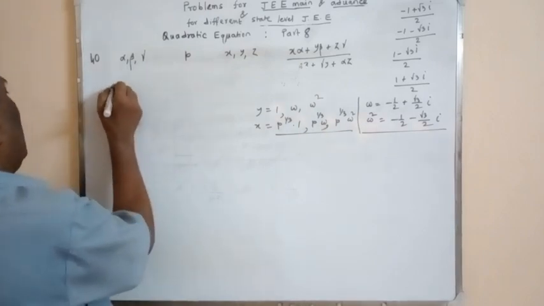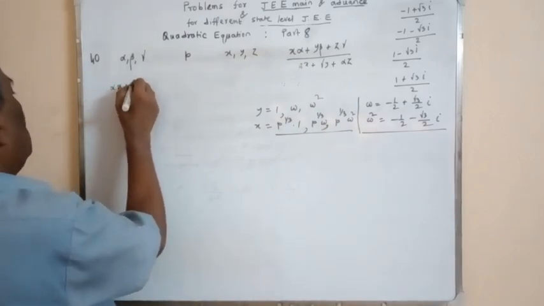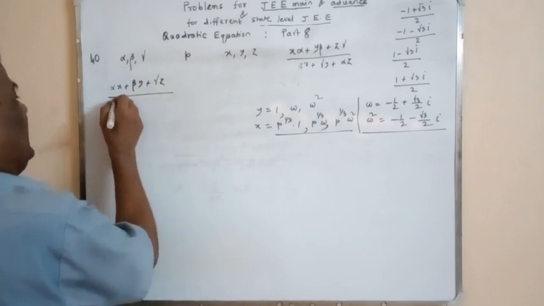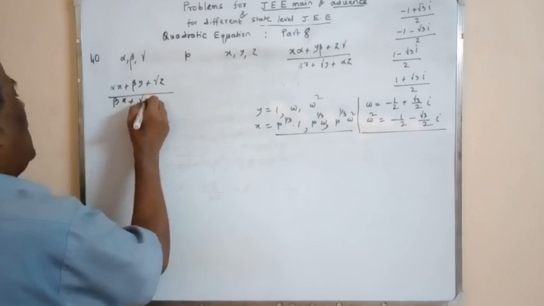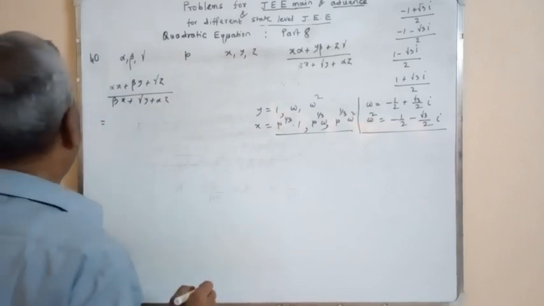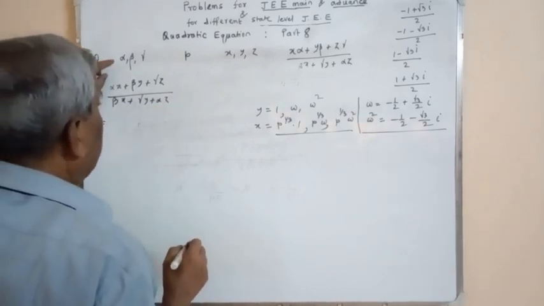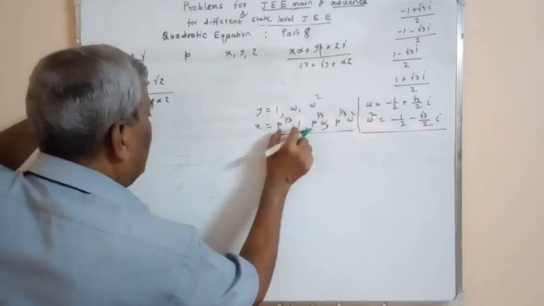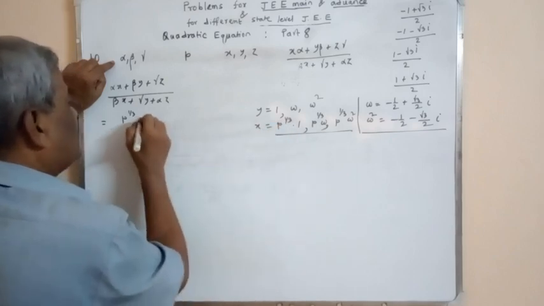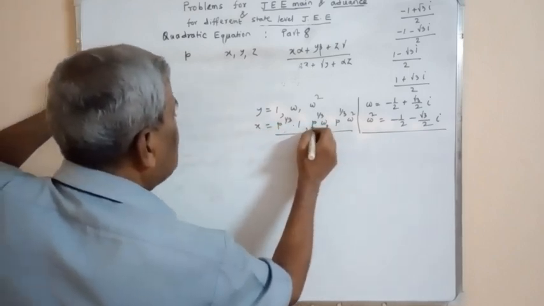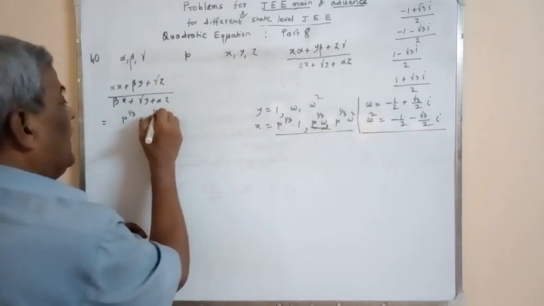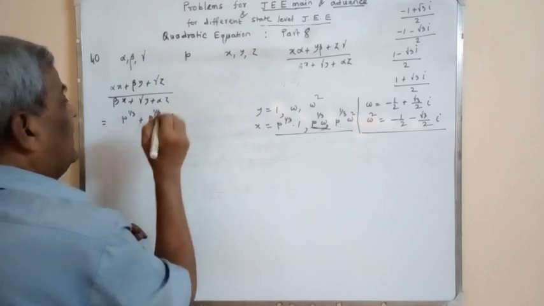So (alpha x plus beta y plus gamma z) by (beta x plus gamma y plus alpha z) is equal to, first root is alpha, in that case this one, so only p to the power 1 by 3 into 1 plus second one is beta, which is that, so it is equal to p to the power 1 by 3 into omega y.